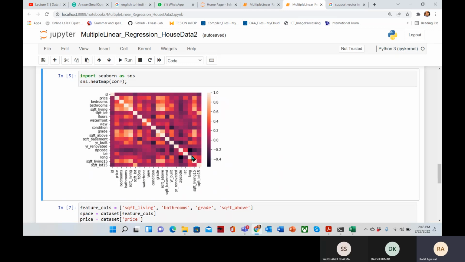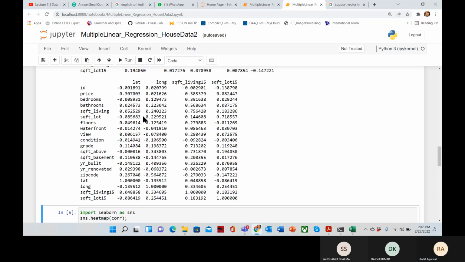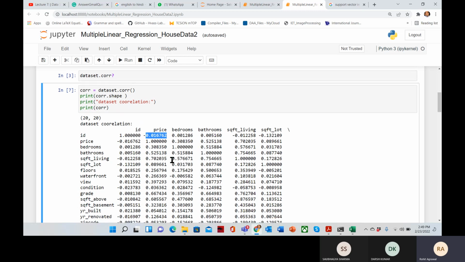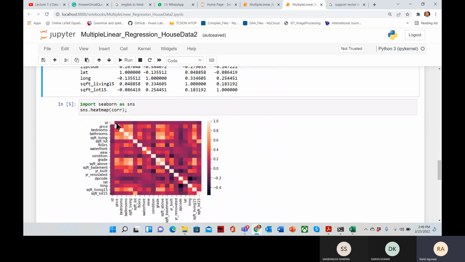And see, one more we can see, ID versus price. You can see this is ID and this is price. You can see price versus price is 1, ID versus price is minus, just around 0, I think. So they are not correlated. It is around 0, so it is the darkest color.